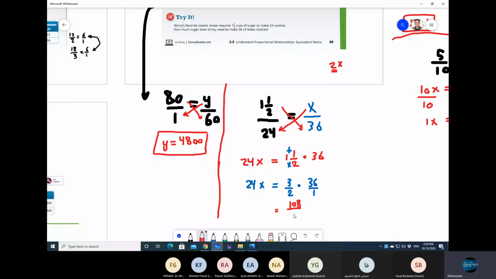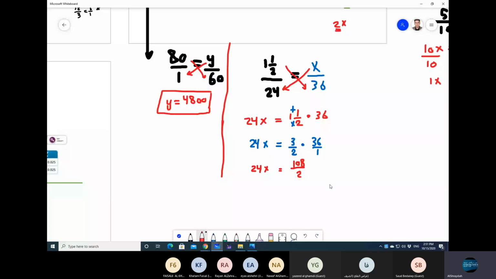So here we have 24x equals 108 divided by 2. We can simplify it. So 24x equals 54.